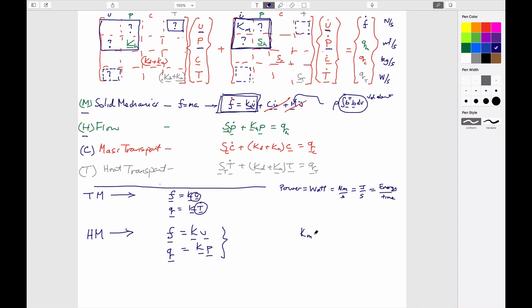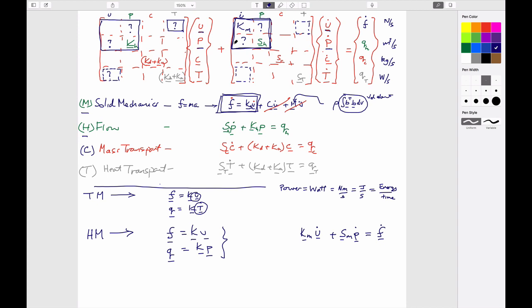the stiffness matrix for the mechanical behavior multiplied by u dot plus another term which I'm going to call Sm, which operates on p dot. So all I'm doing is taking the individual components out of here and including this.